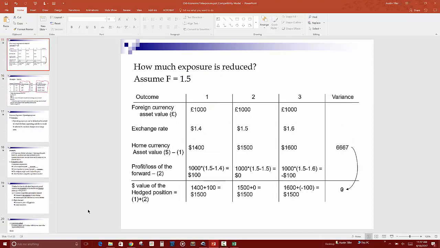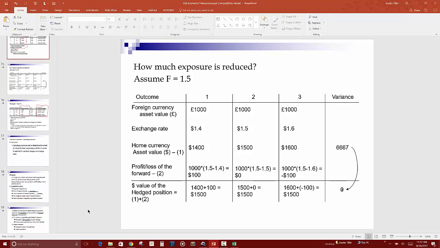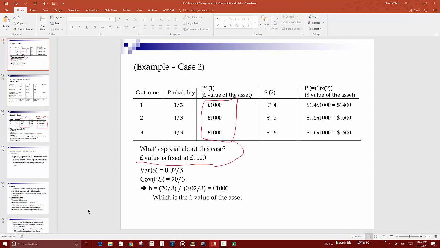When we calculate variance, for example, we are measuring, now S_i is, under an outcome, the exchange rate, right? S bar is the mean exchange rate.